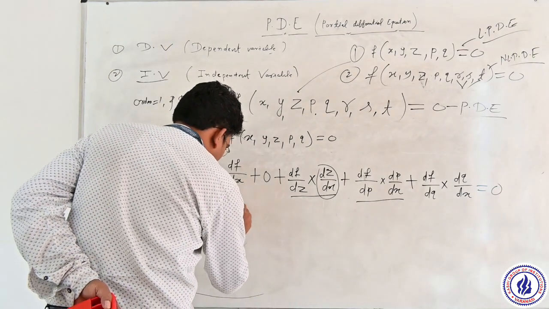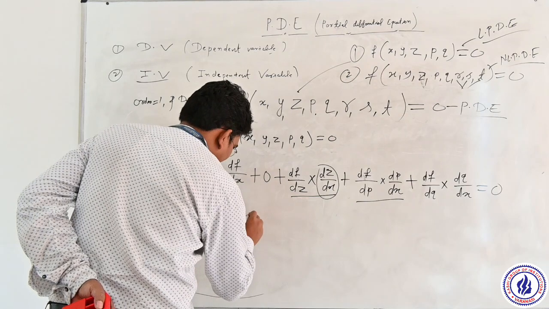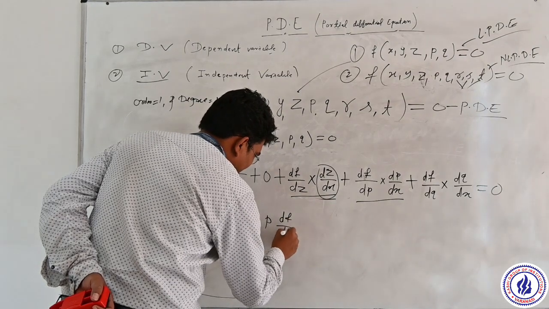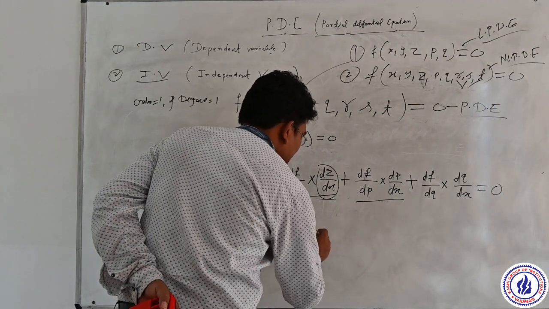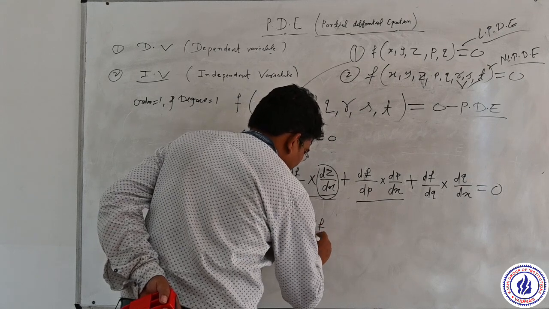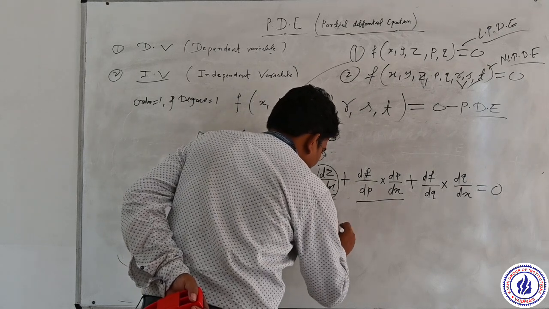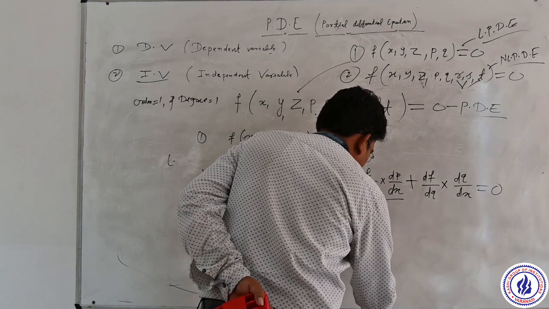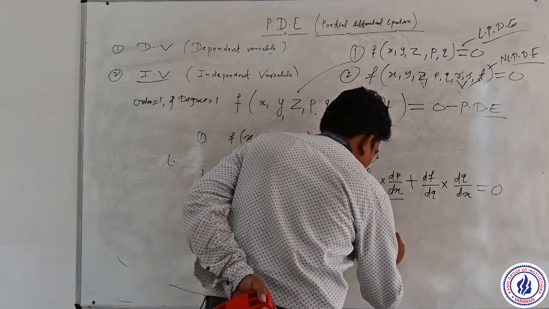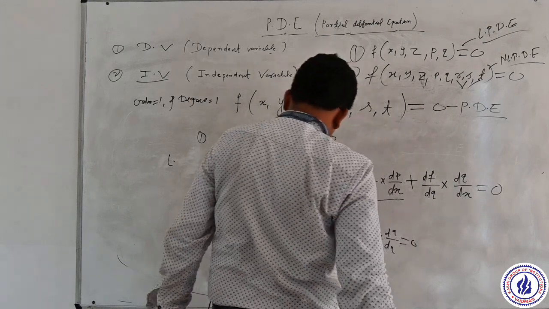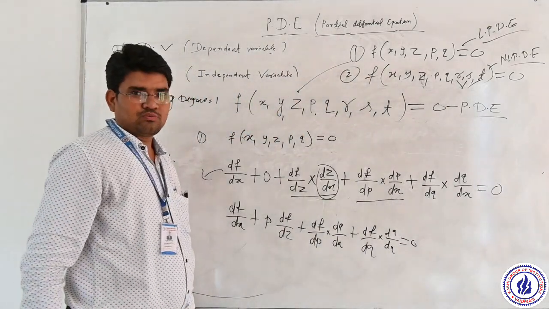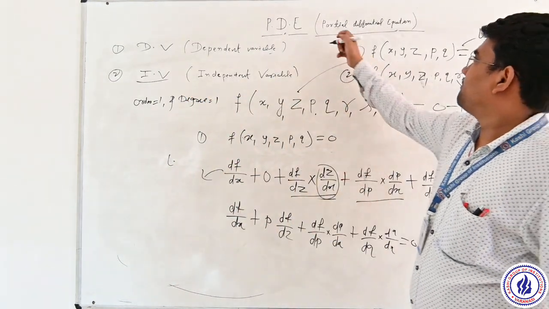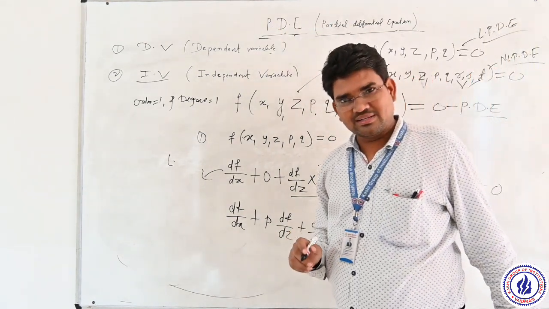So this is df upon dx, and that is p, and this is df upon dz, and this is df upon dp into dp upon dx, and df upon dq into dq upon dx. I hope all of you, my dear student, understand how we generate any PDE, partial differential equation.